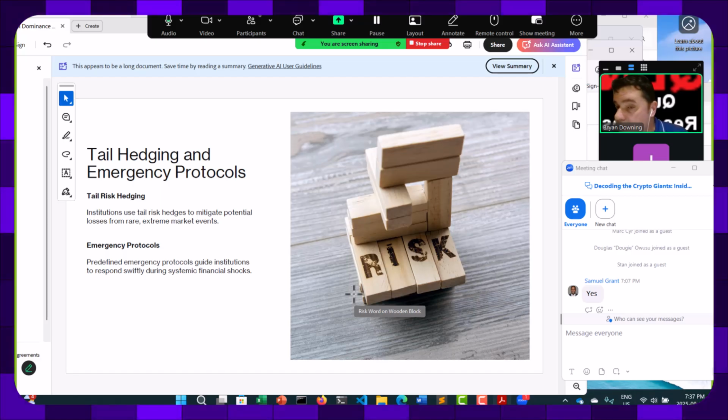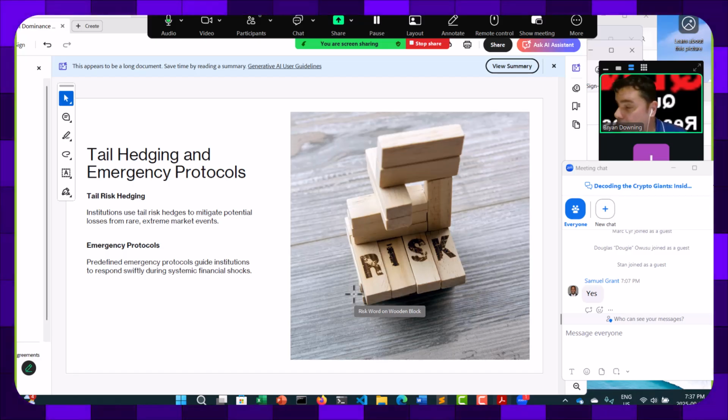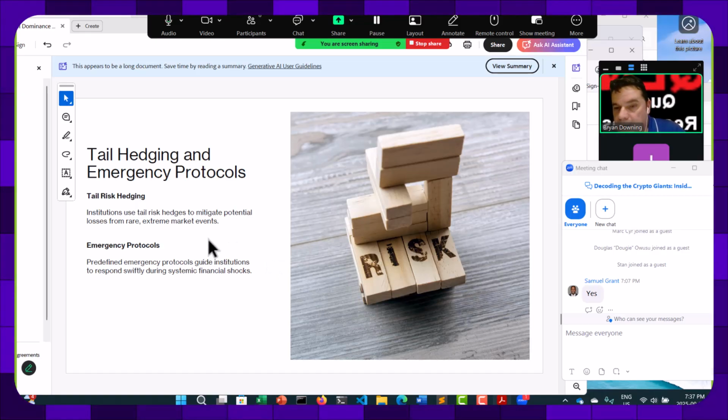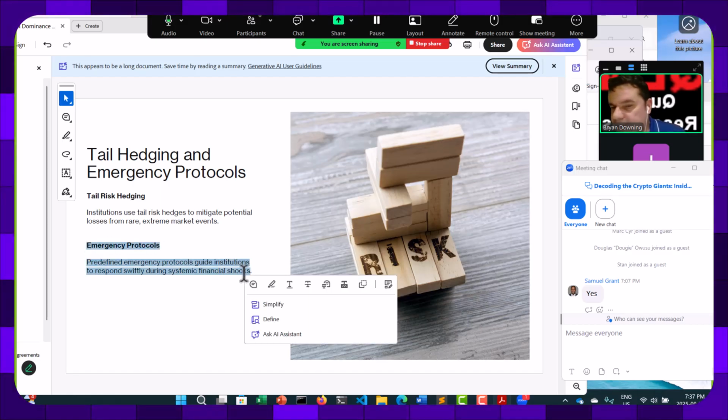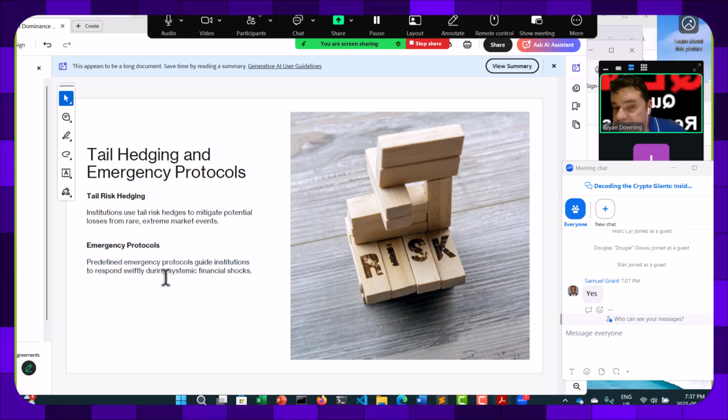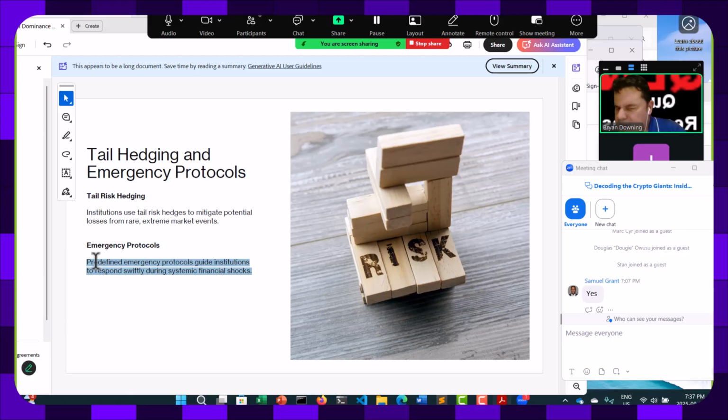So they're trying to mitigate obviously the losses and the rare chance that the Bitcoin price will drop, and it happens quite a bit. And the other thing is they have to have some kind of protocol available in case the markets just drop 20% in 20 minutes.